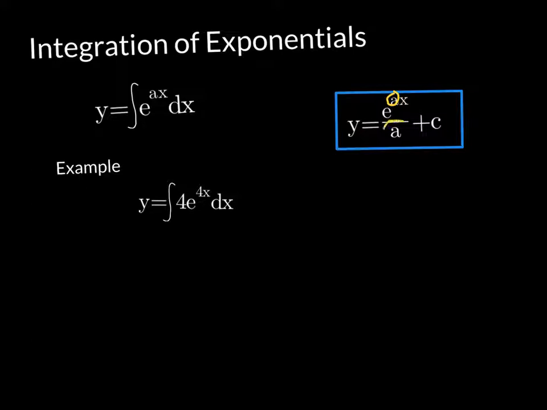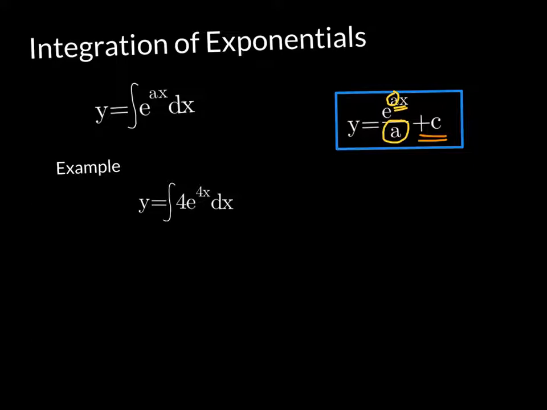So instead of multiplying, we now divide, and the actual power itself just stays the same, that doesn't change, it's still just ax. Don't forget that we also add our constant of integration on to the end as well.